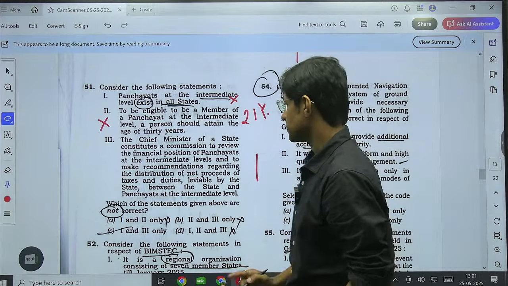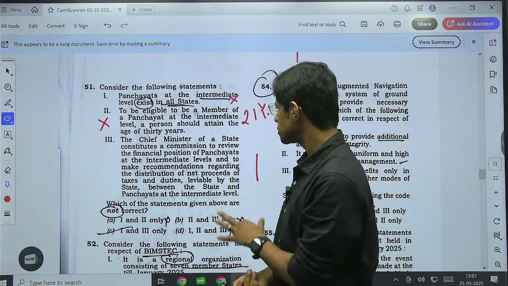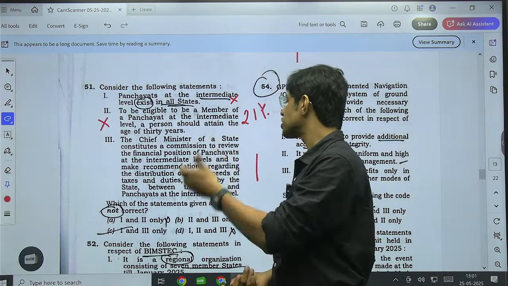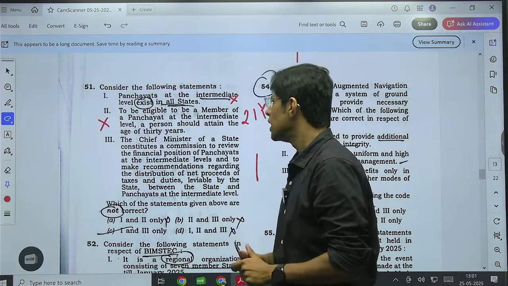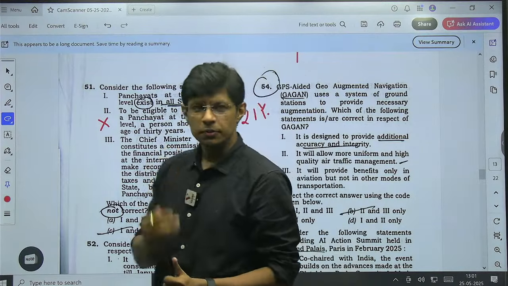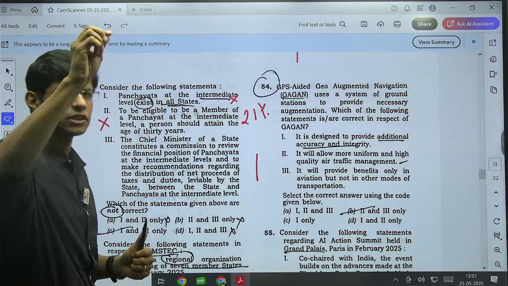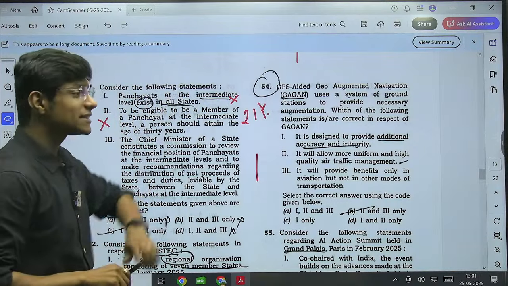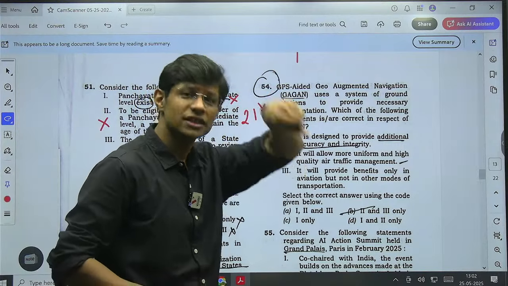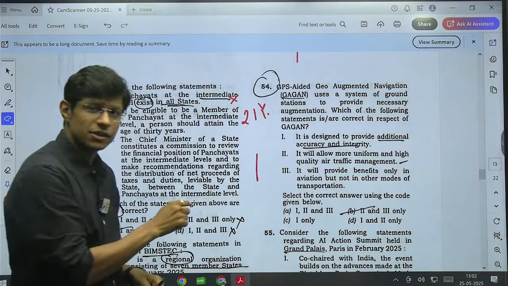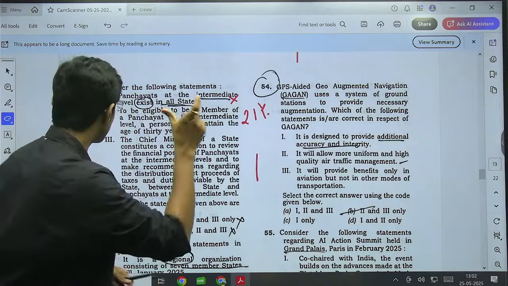The third statement: the Chief Minister of a state constitutes a commission to review the financial position of panchayats at the intermediate level. Now, if you have read Laxmikant, if you have read Indian Polity, nowhere will the Chief Minister constitute a commission. At the center level, it is the President who will constitute a commission, that is the Finance Commission, and at the state level, it is the Governor who constitutes a commission for what?